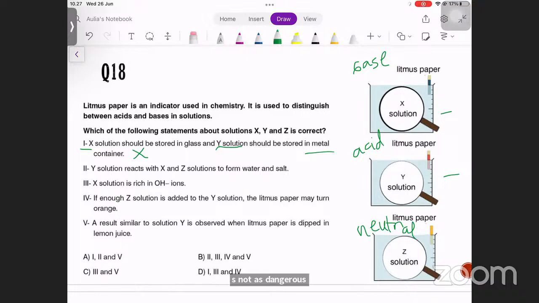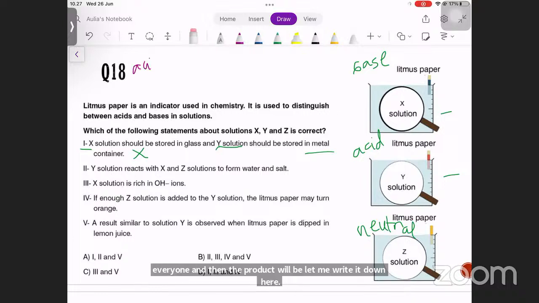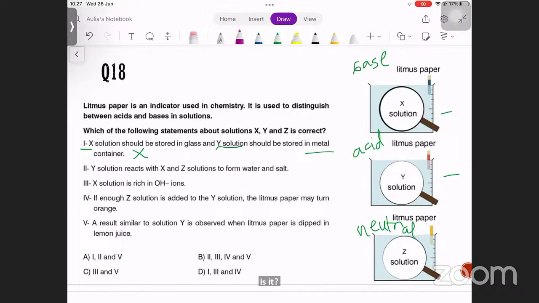Now, statement two. Y solution reacts with X and Z solution to form water and salt. Well, when acid and base react together, it is called neutralization, everyone. And then the product will be, let me write it down here, acid. Okay, you're quite fast. Thank you for the answer. Acid plus base.